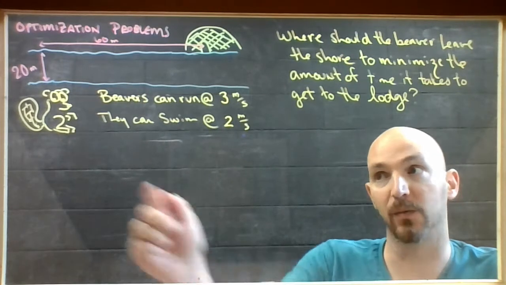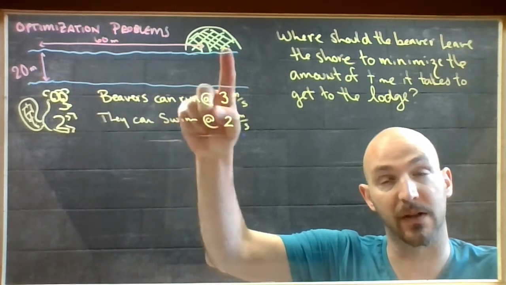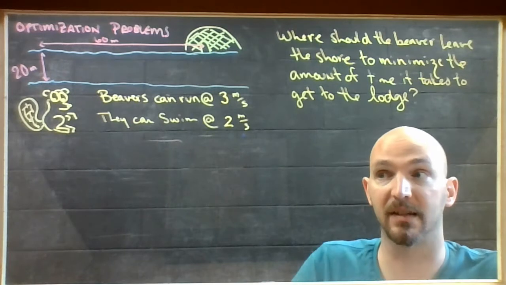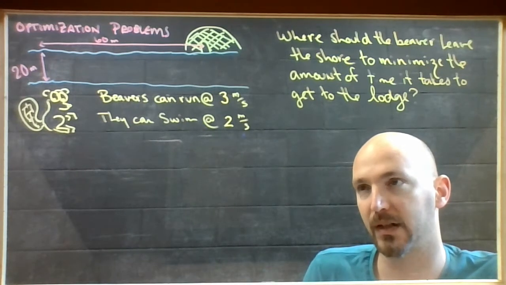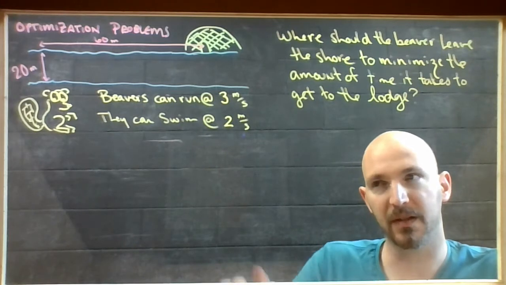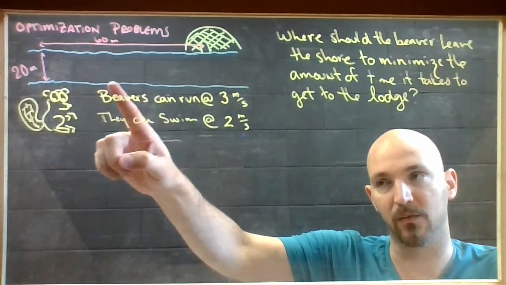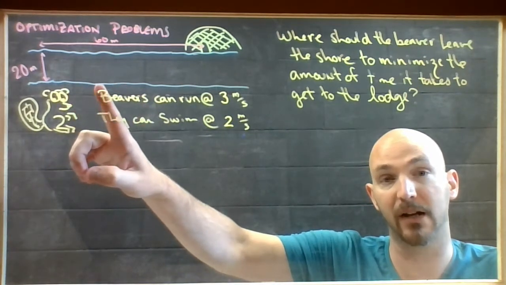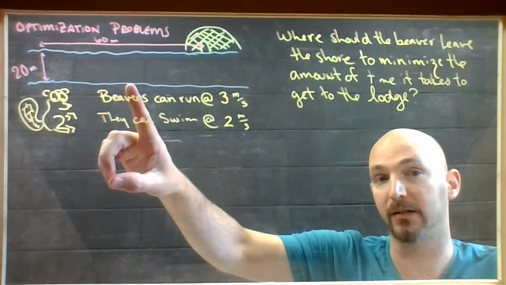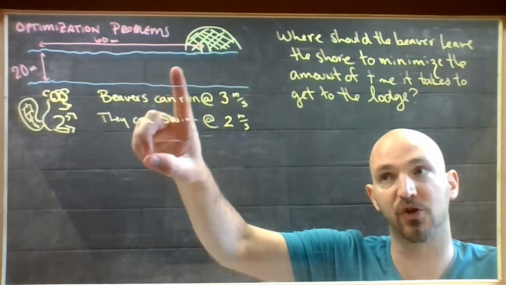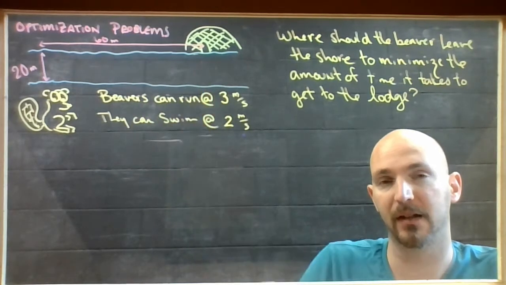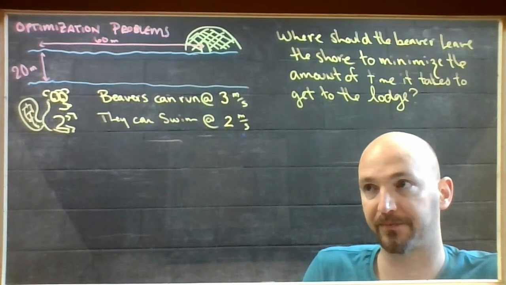The other option would be to just leap into the water and swim straight across. That's the shortest distance, but it's slower. So that might take a little more time. So there's probably a place somewhere in between where you can take advantage of your higher speed on land and then choose to depart the land and swim along the shorter path in order to minimize your time.